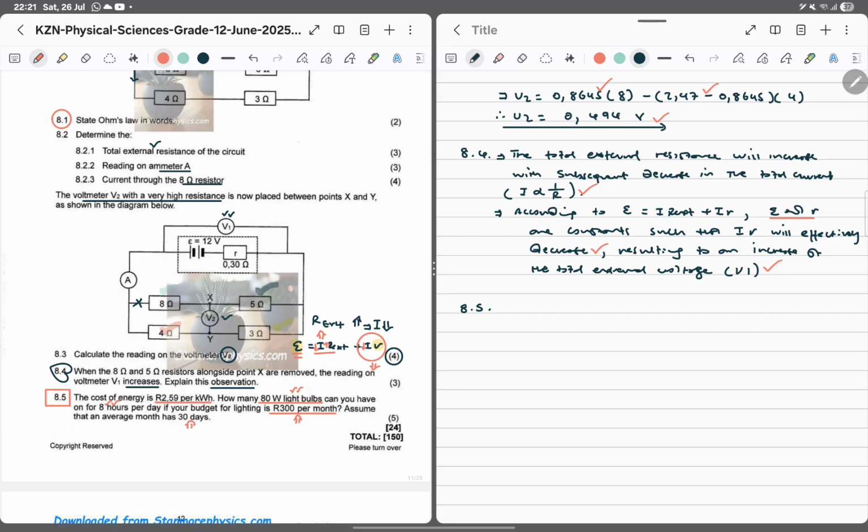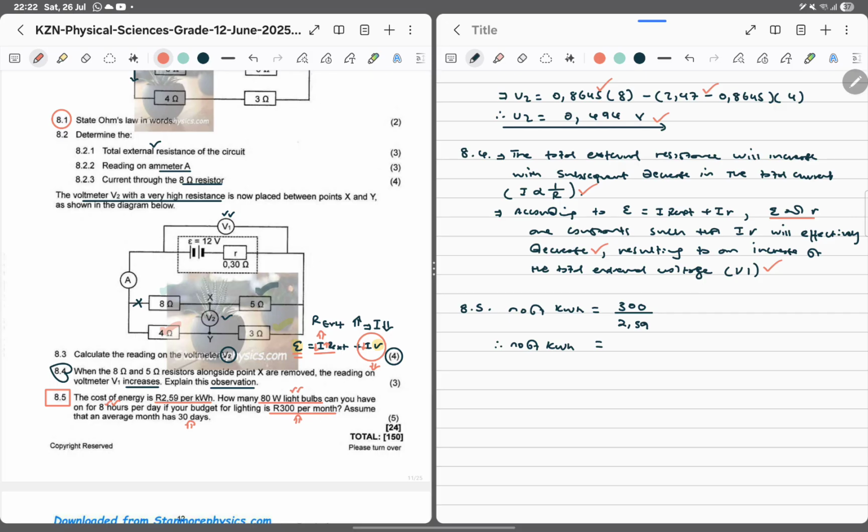So we can just say the number of kilowatt hours that we can purchase here is going to be 300 divided by 2 rands 59 cents, which is going to be giving us... okay, let's do it.